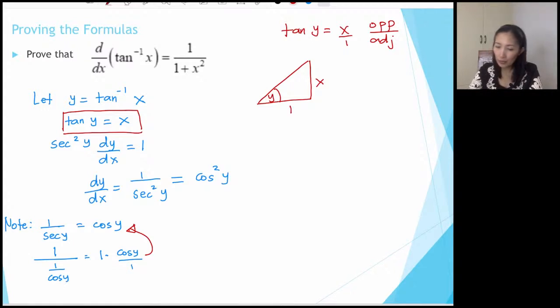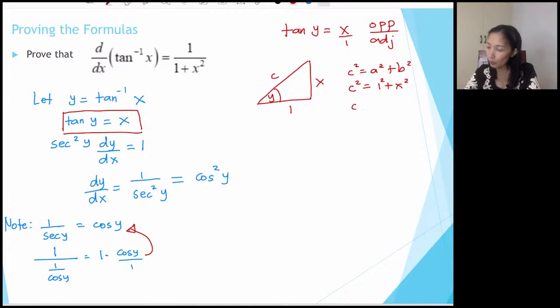So what will this be? The hypotenuse this time is missing. The hypotenuse c, from the Pythagorean theorem, c squared equals a squared plus b squared, so c squared equals 1 squared plus x squared.